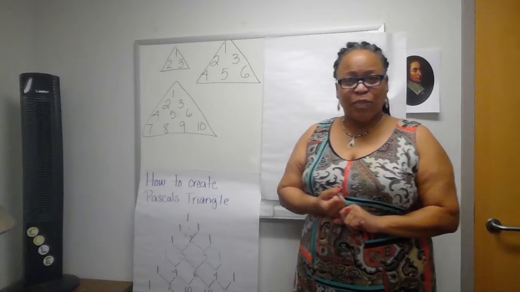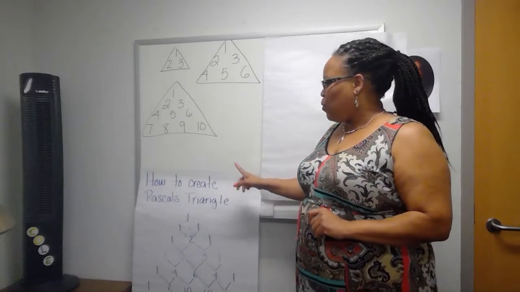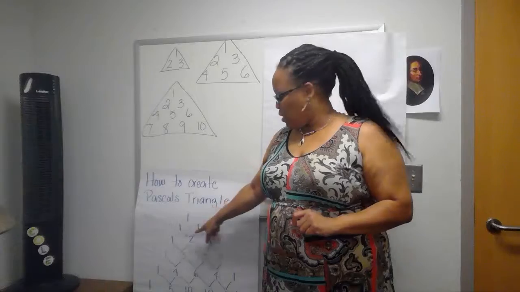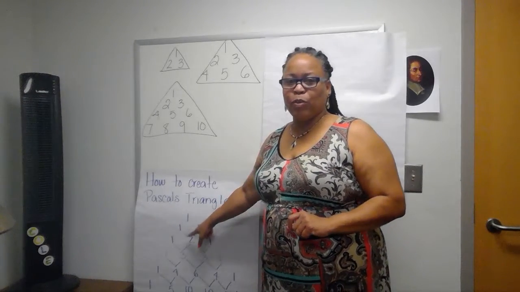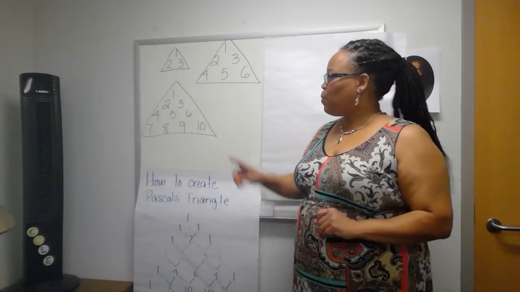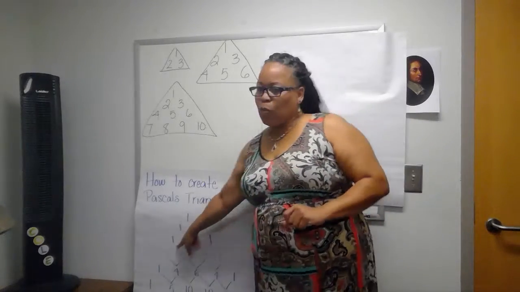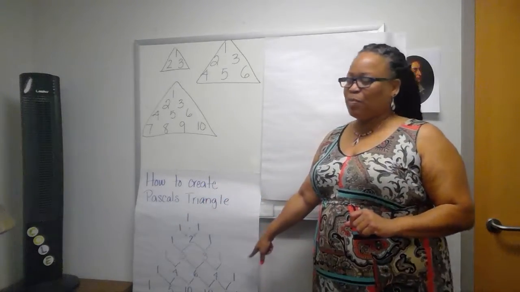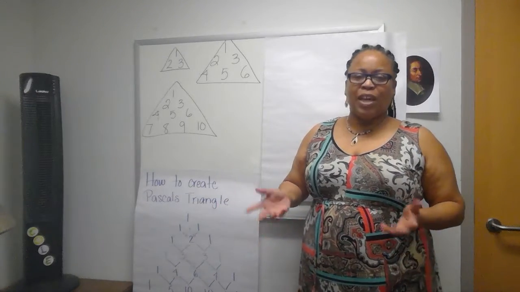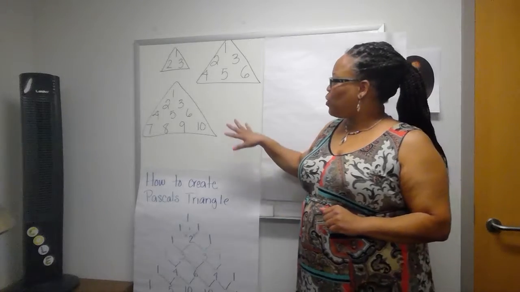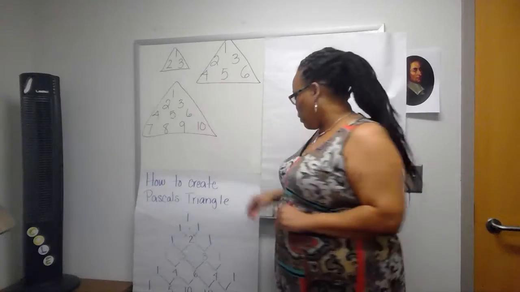So two things that we've learned thus far. When you add the two numbers in the row above, you get the number below. There's always going to be a 1 along the diagonal. The second row is your counting numbers, and your third row is your triangular numbers.